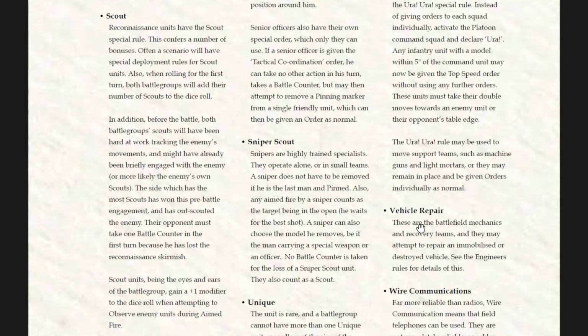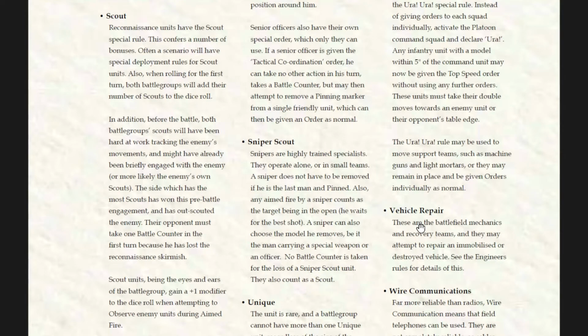In addition, before the battle, both battle group Scouts have been hard at work tracking the enemy's movements and might have already been briefly engaged by the enemy, or more likely the enemy's own Scouts. The side that has the most Scouts has won this pre-battle engagement and has out-scouted the enemy. Their opponent must take 1 battle counter in the first turn because he has lost the reconnaissance skirmish.